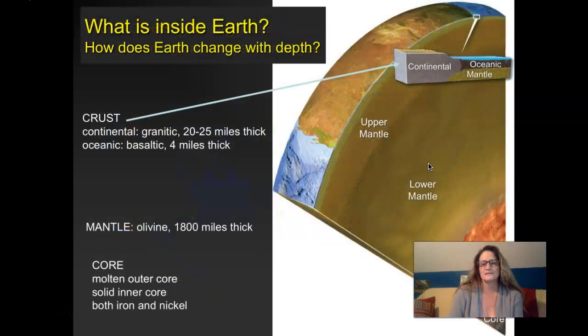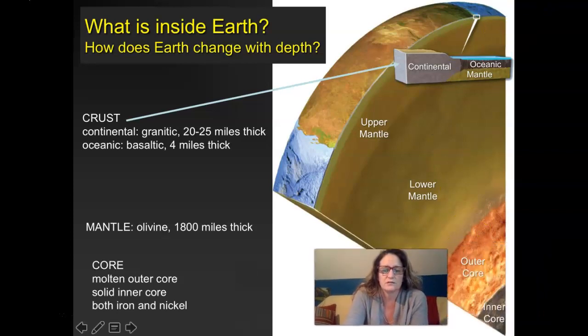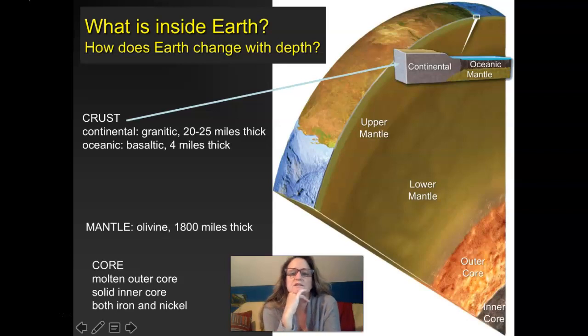All right, what's inside the earth? We're going to spend some time here in the early days of the semester talking about rocks and plate tectonics. So in order to do that, we need to know what happens when we go down into the earth. So we'll start on the inside. On the inside is the inner core.